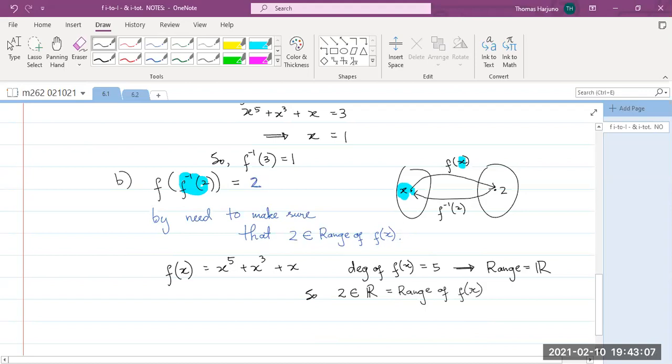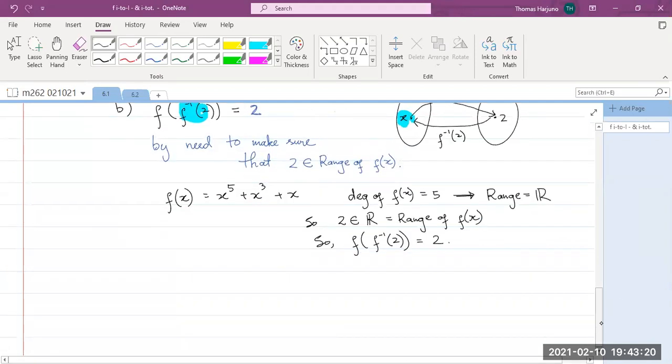Then we can say the value of the function at the inverse function of 2 must be 2. Now, let me show you the situation where it doesn't work that way.